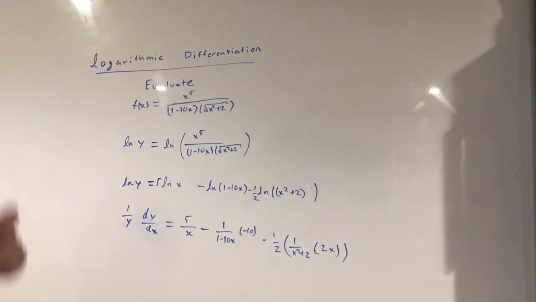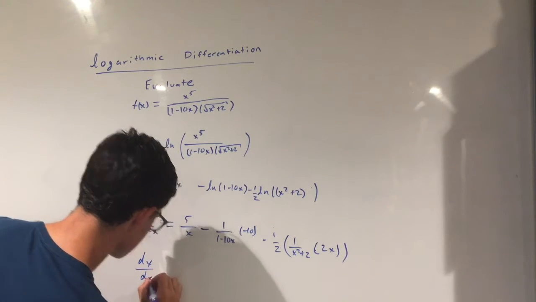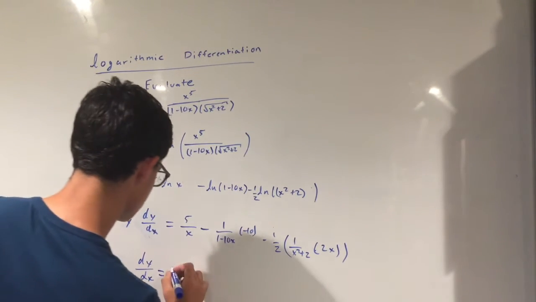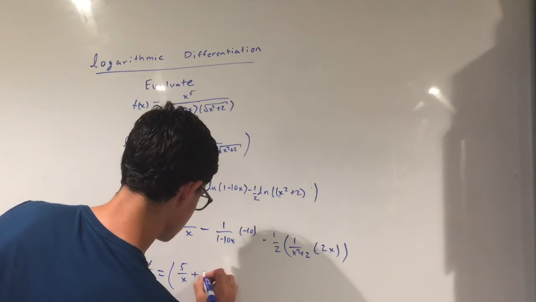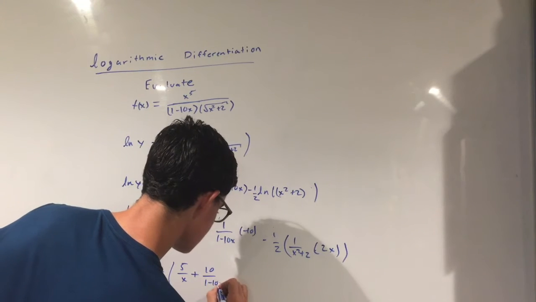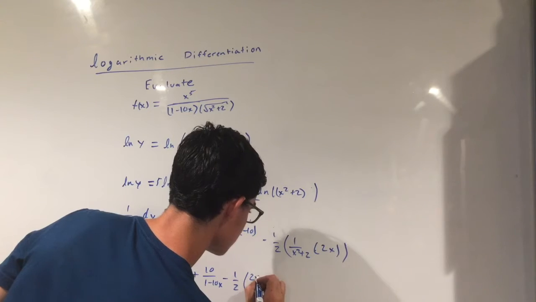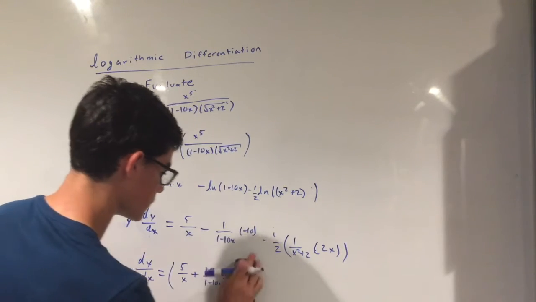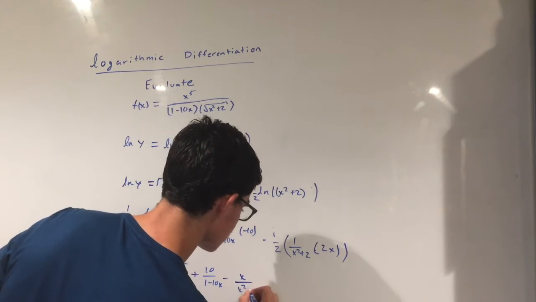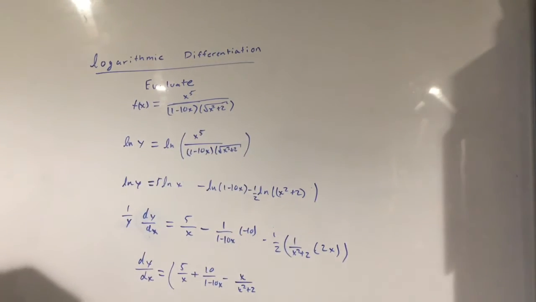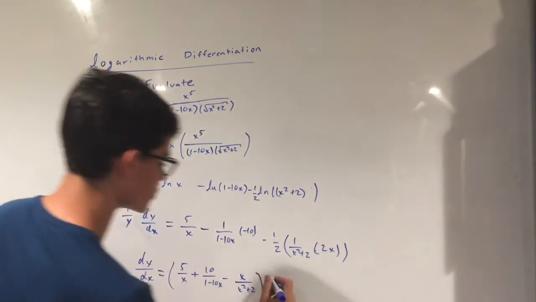And so dy dx is actually equal to, parentheses, 5 over x plus 10 over 1 minus 10x minus 1 over 2, 2x, those two cancel out, so I'm going to cancel those two out, x over x squared plus 2, times y, which is the whole function.